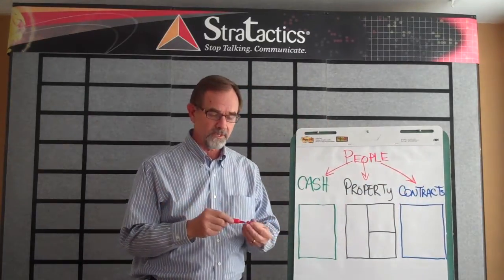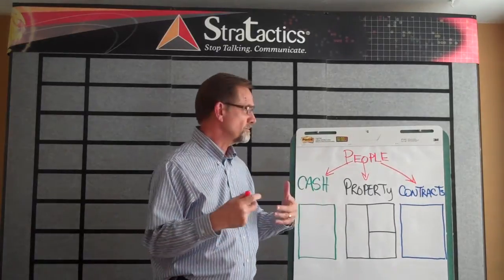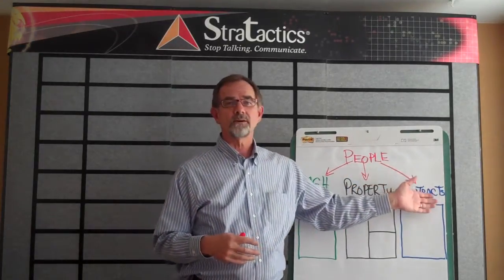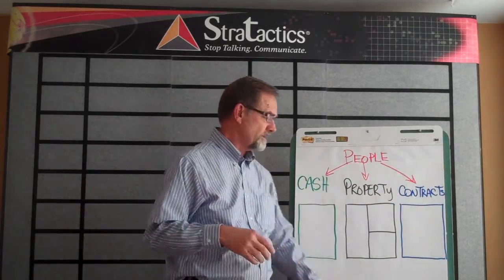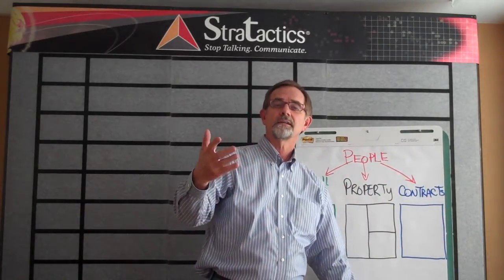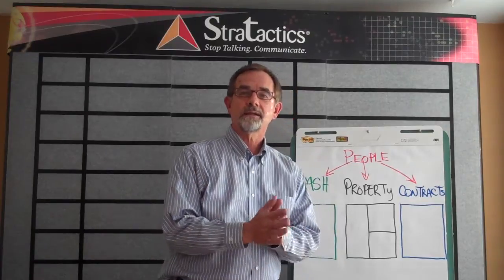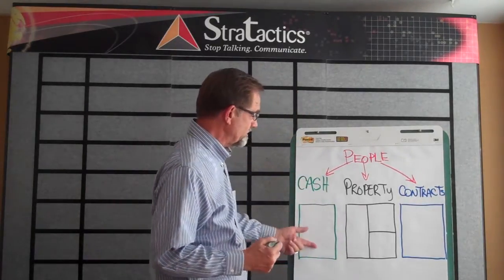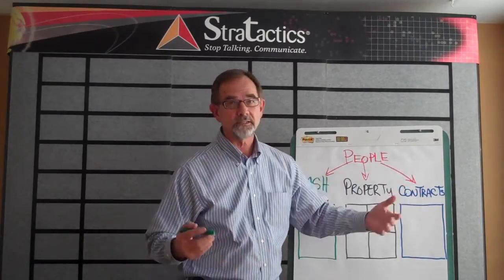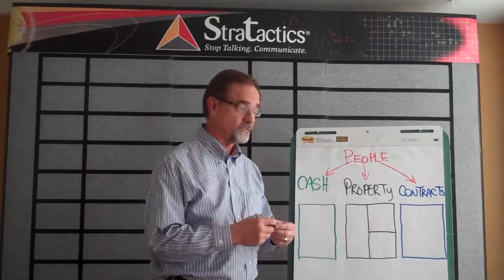And one of the problems companies have is that most people are not quite clear what the relationships are between these three things, and so they're not quite clear how their day-to-day decisions impact performance at their company. So each one of these three is associated with one of the financial statements.